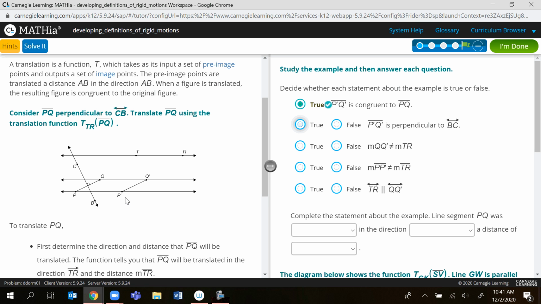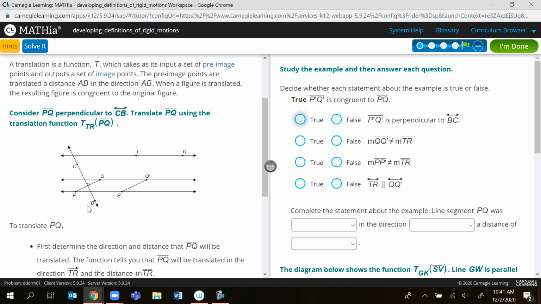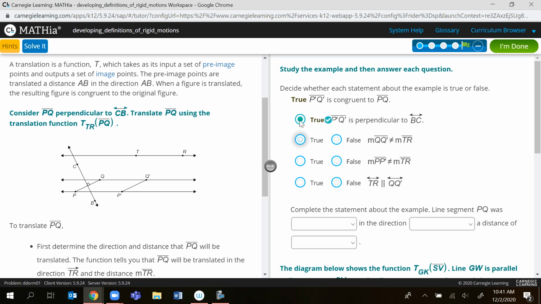Is P prime Q prime perpendicular to BC? Since P prime Q prime is parallel and the same as PQ, it should, if we were to extend, be perpendicular to BC. So we're going to go with true.